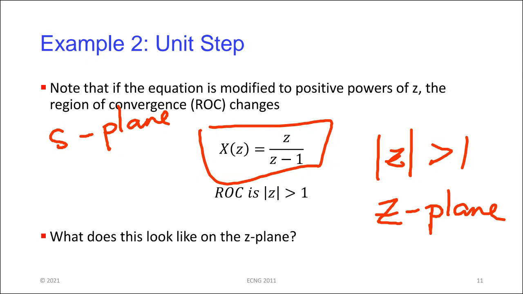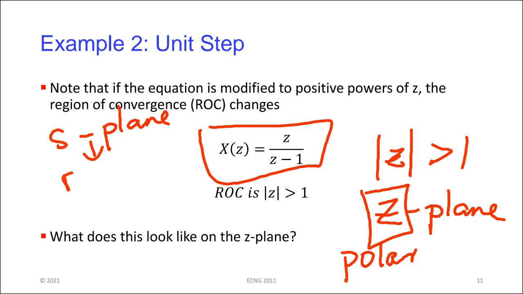And the Z-plane, of course, has real and imaginary parts, but because they're dealing with Z as a complex number, they tend to use polar coordinates. When we did the Laplace transform, we used Cartesian, with the real axis and the imaginary axis. But there is a polar version of this.